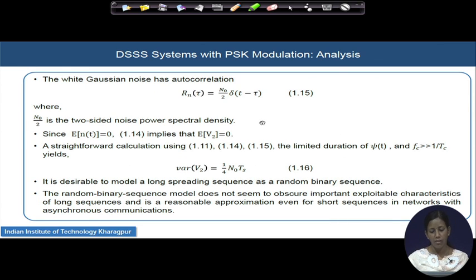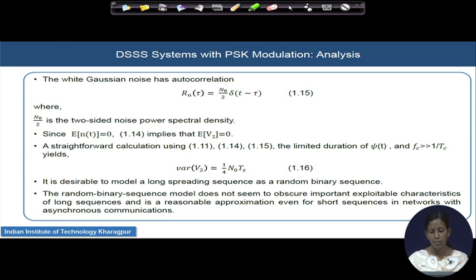The white Gaussian noise that we have considered. So, we have to now think a little bit about the variance part, the variance as well as the mean value of the V we are interested in, because that is the part where we understood that there is a randomness in the jamming plus the noise section, which will greatly interfere in the decision process itself.